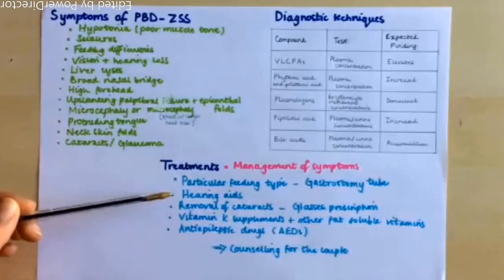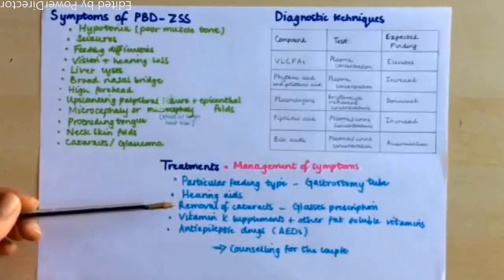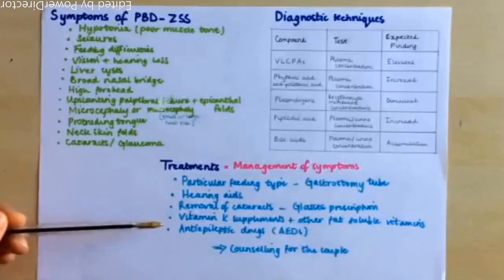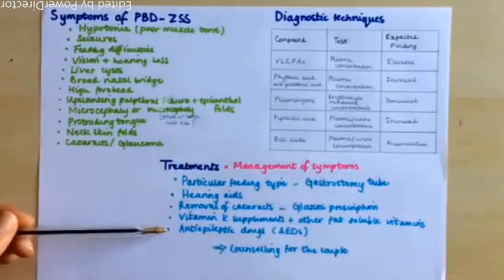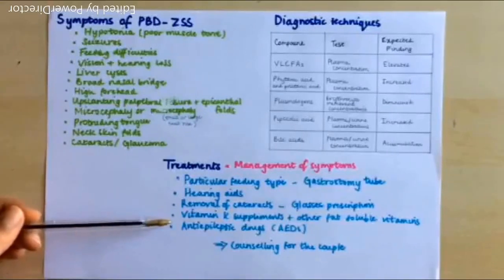Additionally, primary bile acid therapy may improve liver function by reducing the accumulation of cholestanoic acids. And finally, neurological defects, including seizures, can be reduced by taking anti-epileptic drugs. However, these may not be particularly effective.